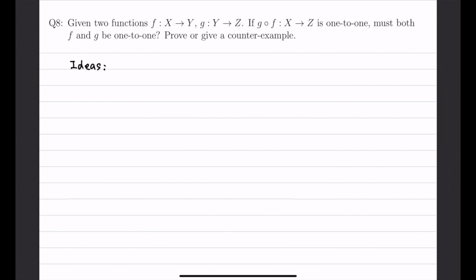So the first thing to realize here is that f has to be one-to-one.